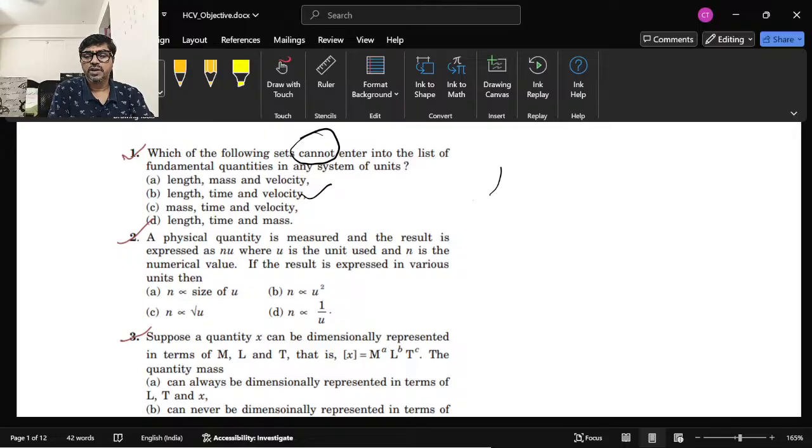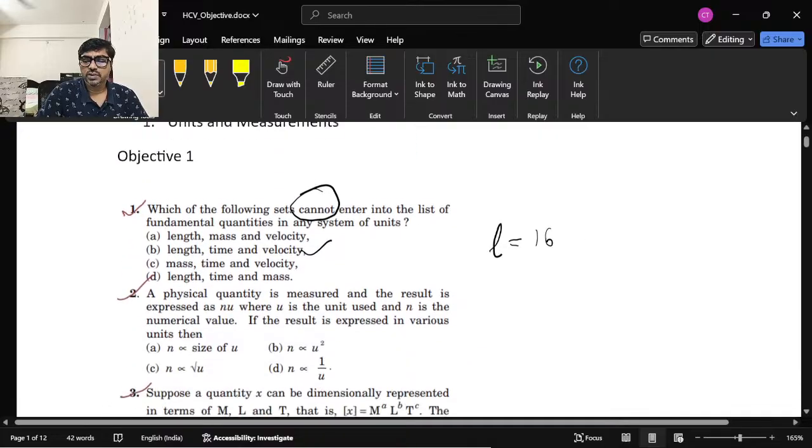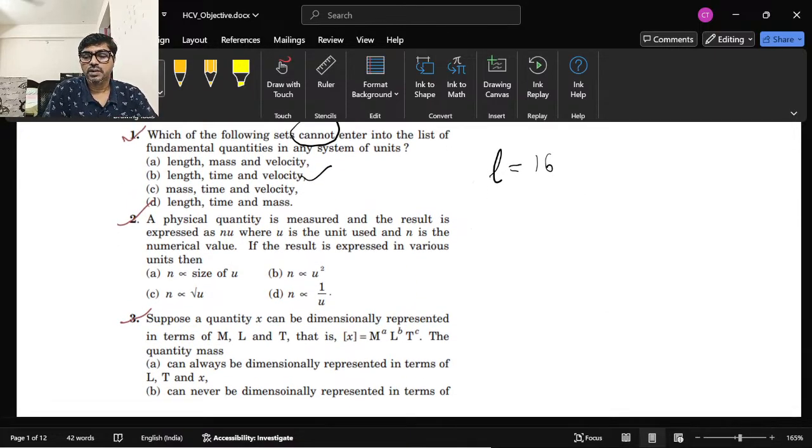So the length of the laptop is probably, let's say, 26 centimeters.